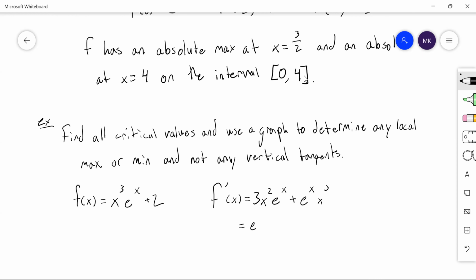So I can factor out e to the x, x squared e to the x times 3 plus x. Any questions on that?